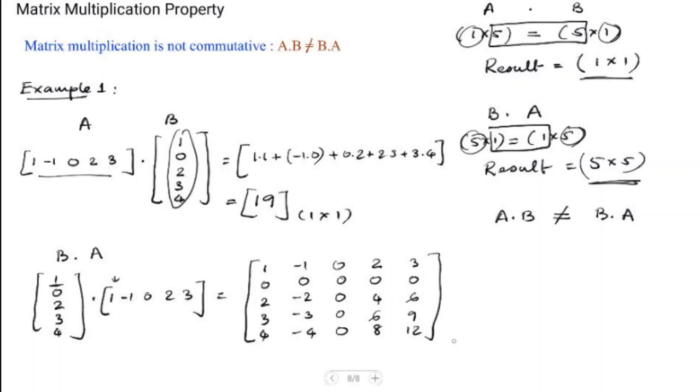So that's a 5 by 5 matrix. That's 5 rows and 5 columns.